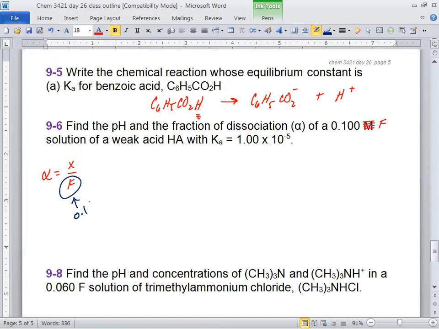How do you get pH? Negative log of H, or X in this case, because X is your H. Set up your ICE table. Hopefully you've done that.